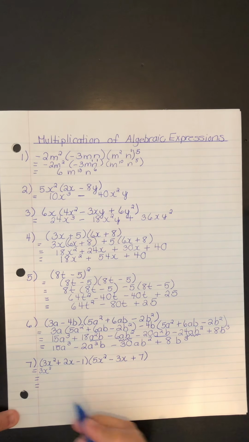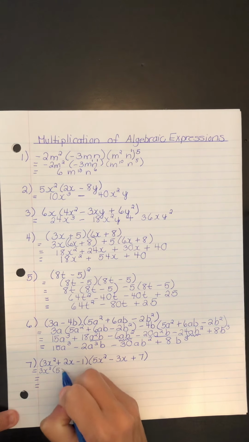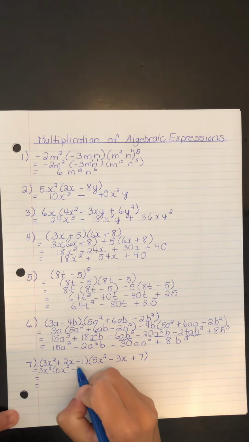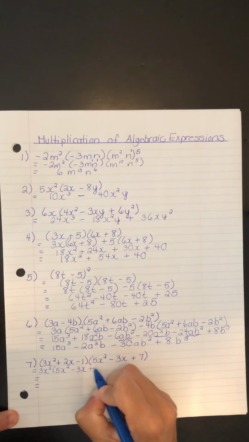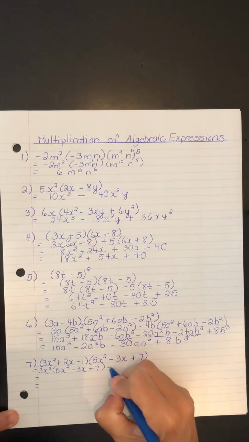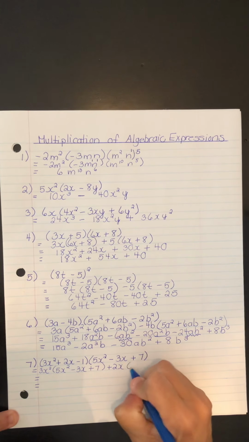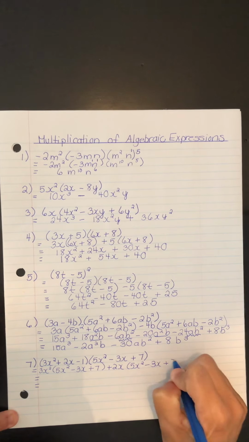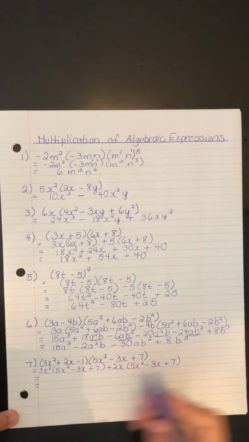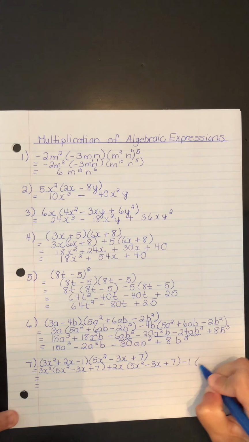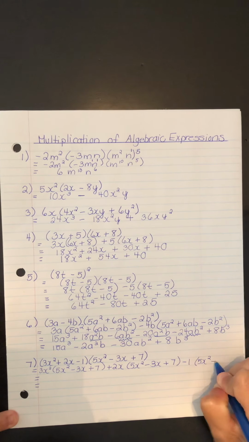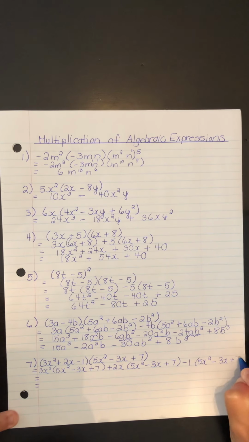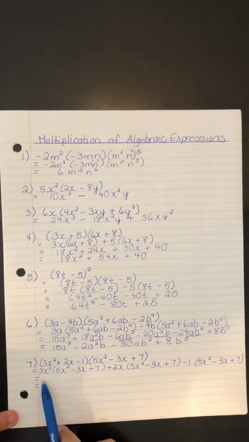So 3x squared gets multiplied by the trinomial. Positive 2x is multiplied by the trinomial. And finally, negative 1 is multiplied by the trinomial. And in that way, I will have my 9 terms.